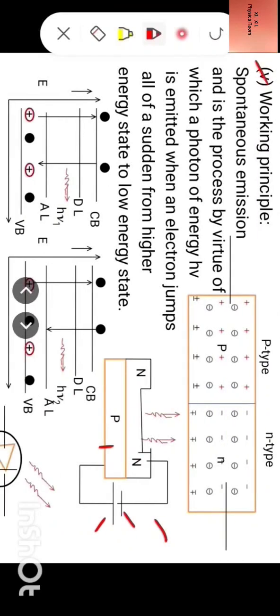Fifth, working principle. The working principle of light emitting diode is spontaneous emission, and it is the process by virtue of which a photon of energy h nu is emitted when an electron jumps all of a sudden from a higher energy state to a lower energy state.